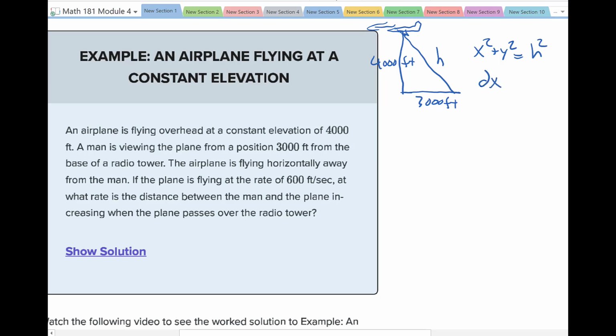So dx dt equals 600 feet per second. We want to know at what rate it's going away from the guy that's watching it fly. And so that's our hypotenuse, so the right triangle. So what we want is dh dt.